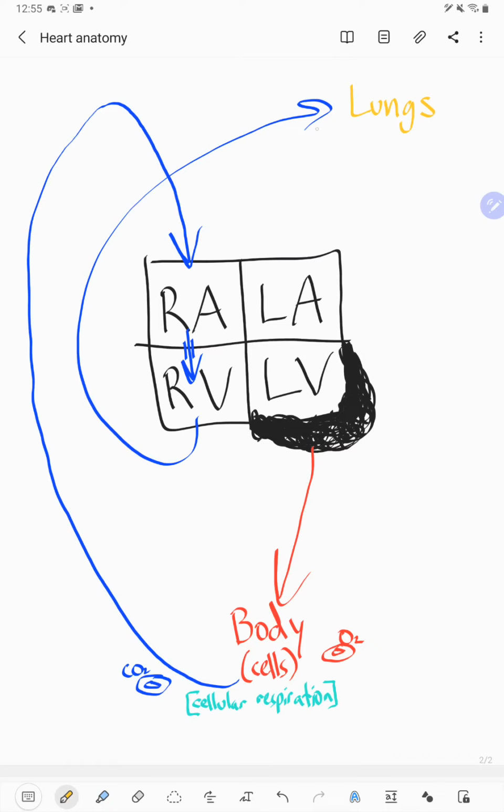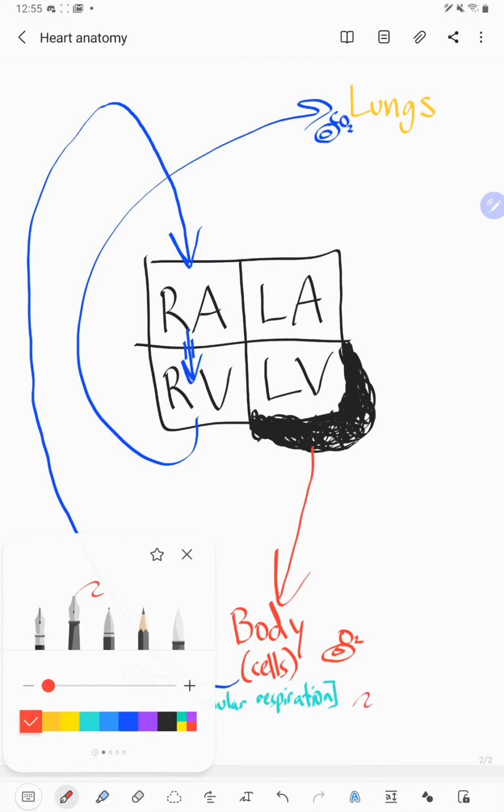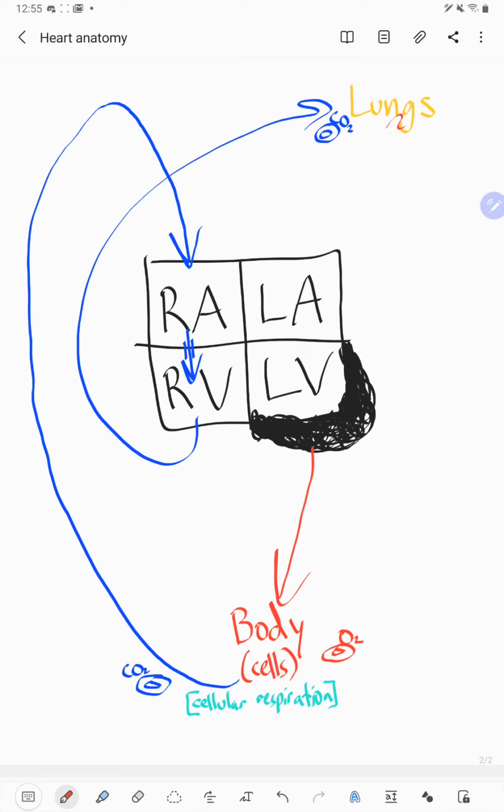So when they come into the lungs, they are filled with CO2. They have CO2 on them. But when they exit the lungs, they're going to exit the lungs and go into the left atrium.